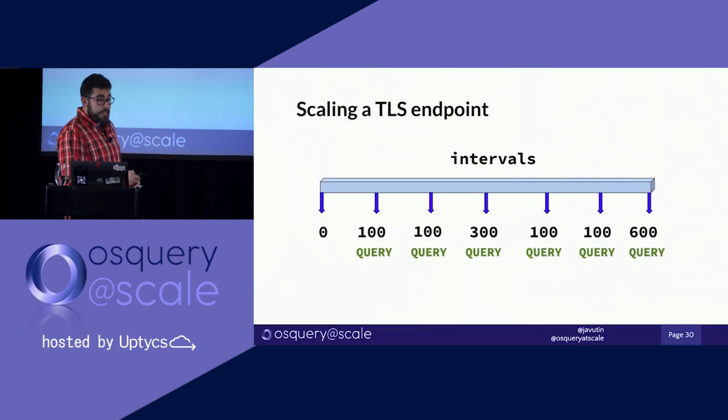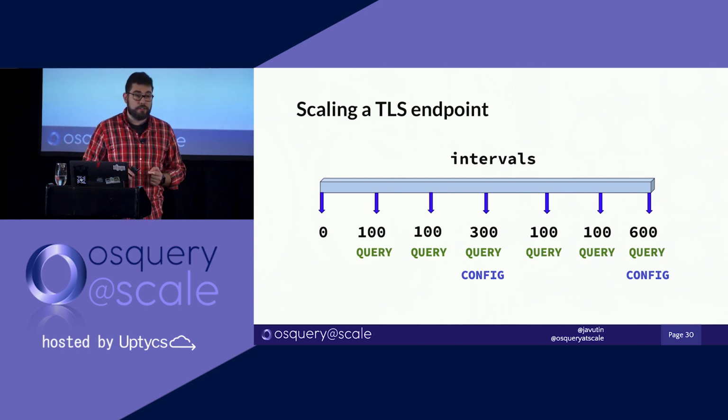So this is what happens. In the values that I showed you, you have T0 and then 600, which was the highest interval. Every 100 seconds, you're going to have one query request for the distributed. Also, every 300 seconds, you're going to have one configuration refresh.